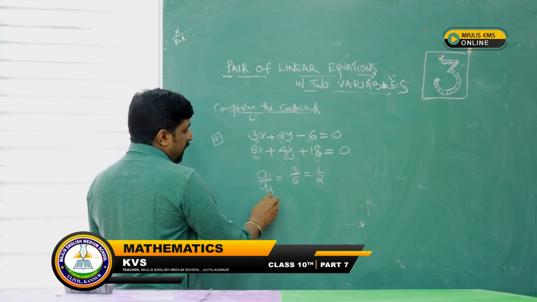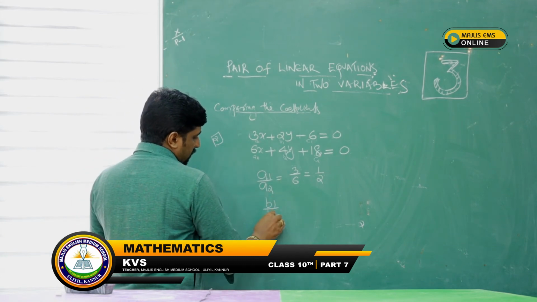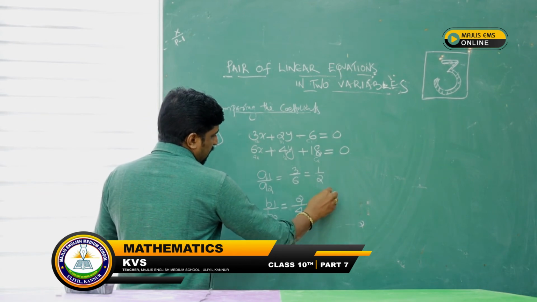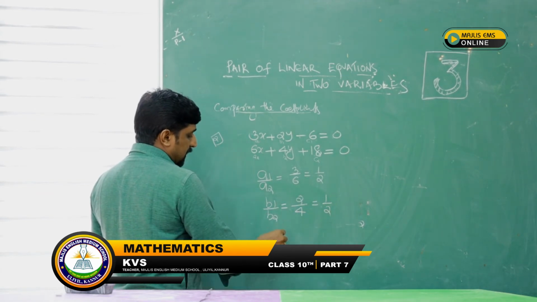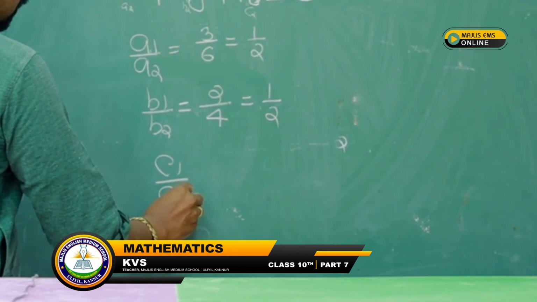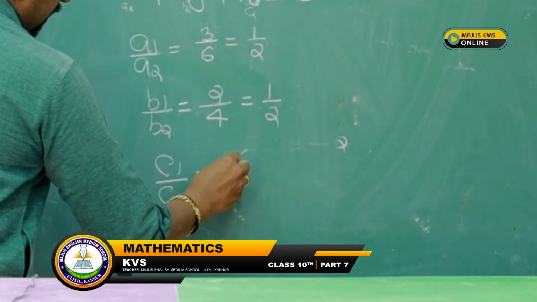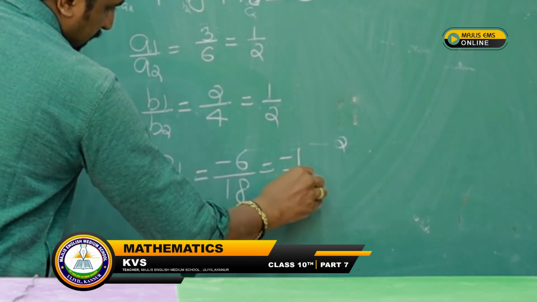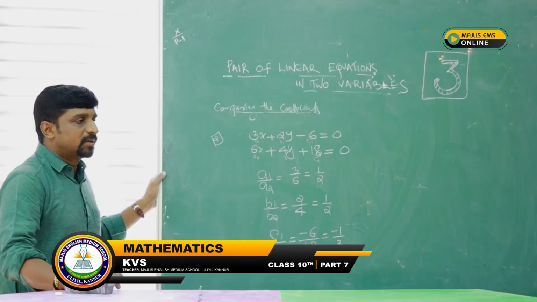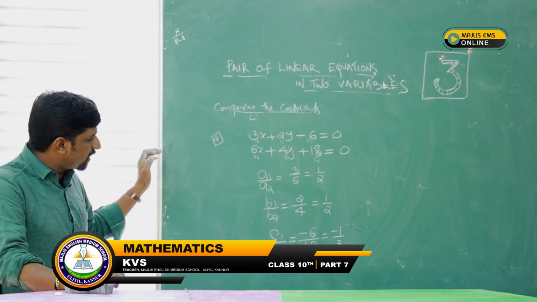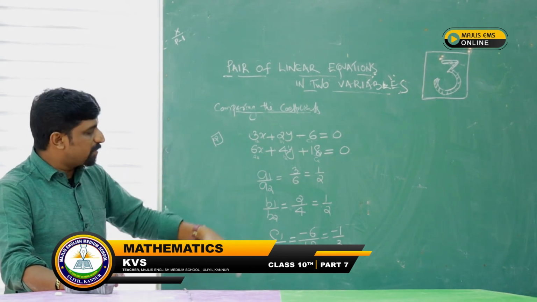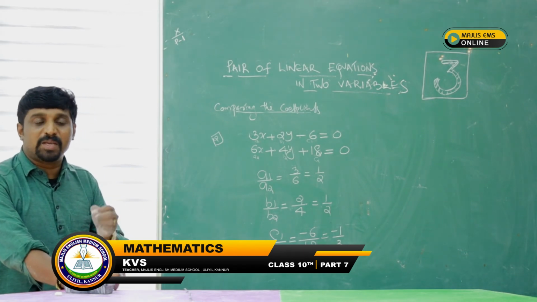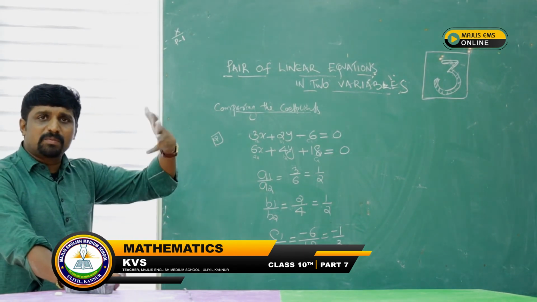Second, we find b1 by b2, that is 2 by 4, again 1 by 2. Then c1 by c2 means minus 6 by 18, that is minus 1 by 3. When we compare the coefficients, a1 by a2 and b1 by b2 are the same, but c1 by c2 is different.